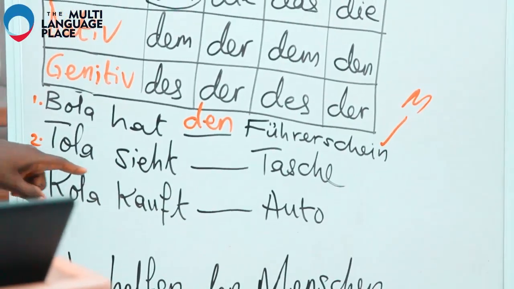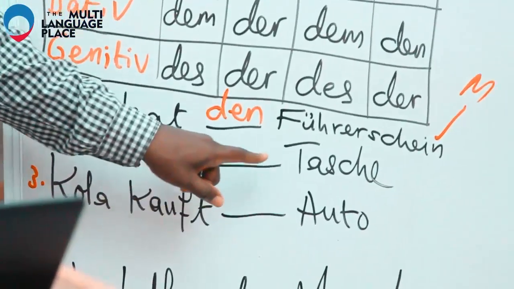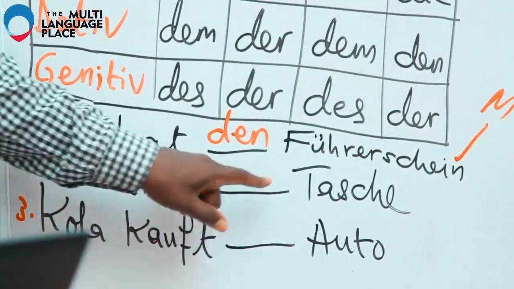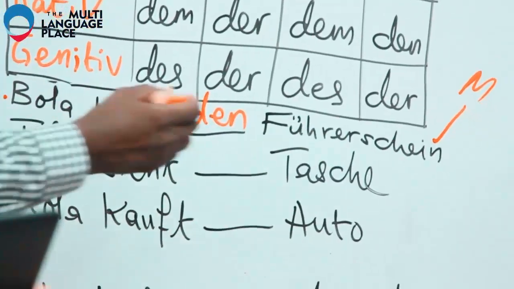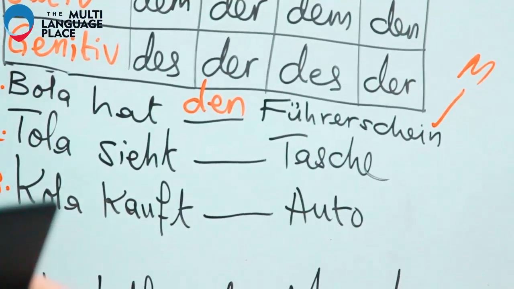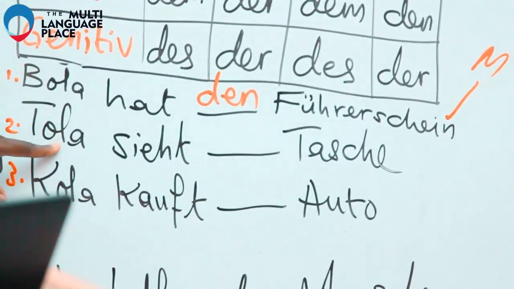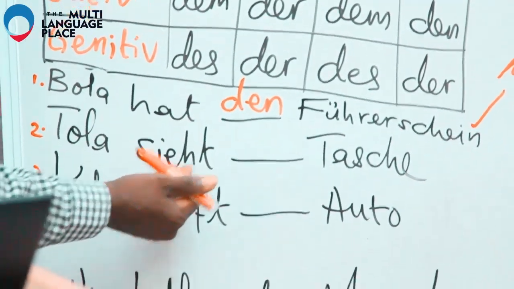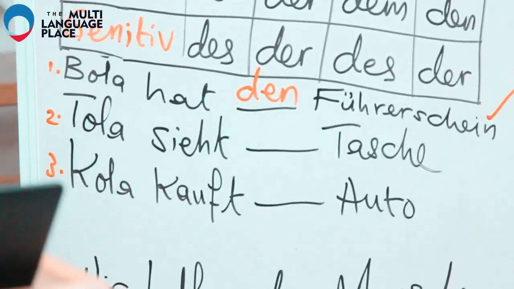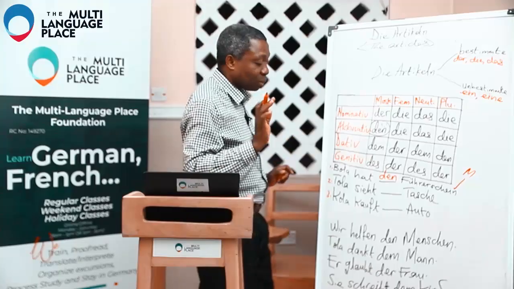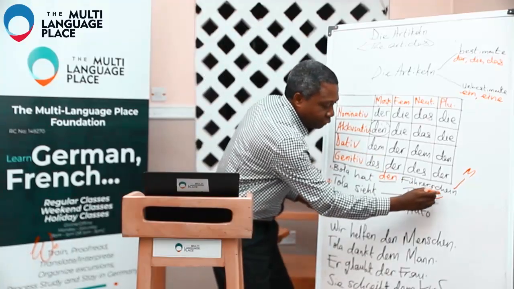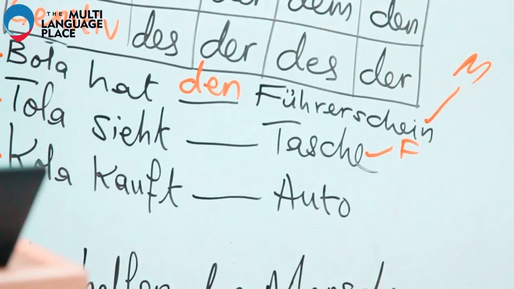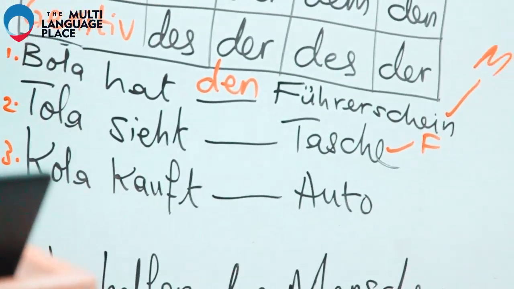Tola sieht Tasche. We need to find out, of course we have established it now, this is the nominative case, and this is the verb, and this is in the accusative case. And once it's in the accusative, just find out the gender of this word, and this is feminine, and singular.